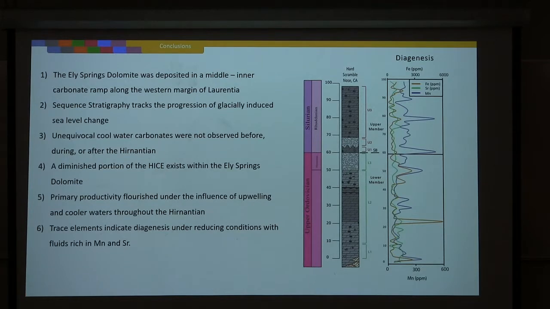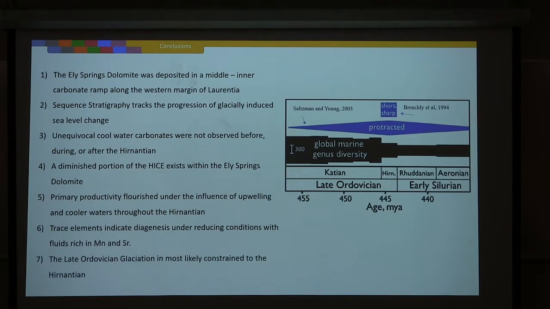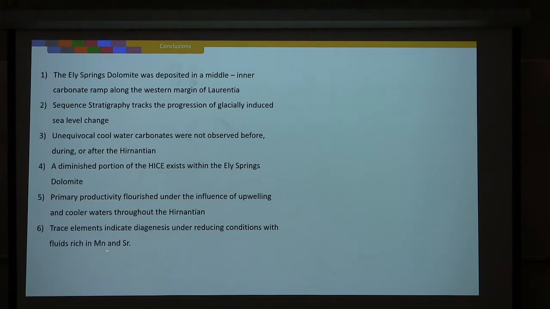Our trace element data again tells us that the Ely Springs dolomite probably underwent burial diagenesis under reducing conditions with fluids enriched in manganese and strontium. Or, I think it should be iron.